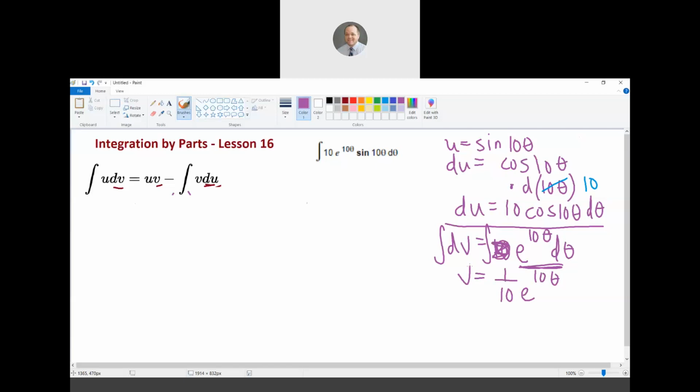And I'm going to do something I haven't done with the other problems, and that is plug in our u, dv. Tell you what, let me let u equal 10 sine of 10 theta. So that would give us actually 100 cosine of 10 theta. So I'm going to plug in actually just our original problem.